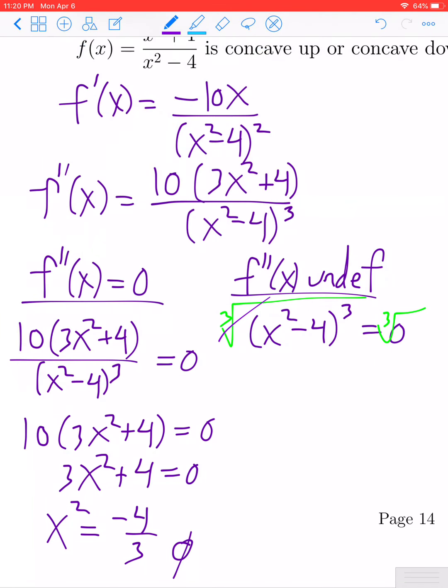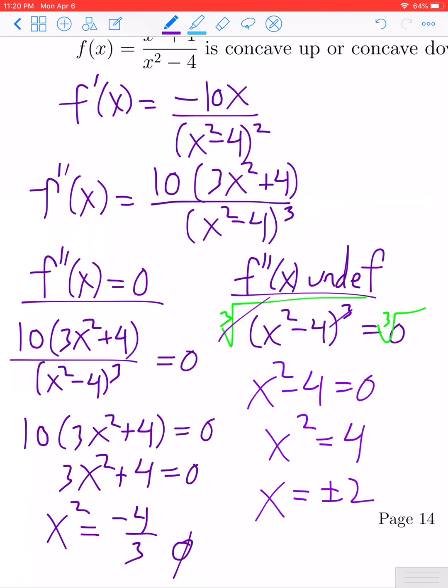The cube root and the cube cancel. We get x squared minus 4 equals 0. Add 4 to both sides and take the square root, and we get two values, x equals positive and negative 2.